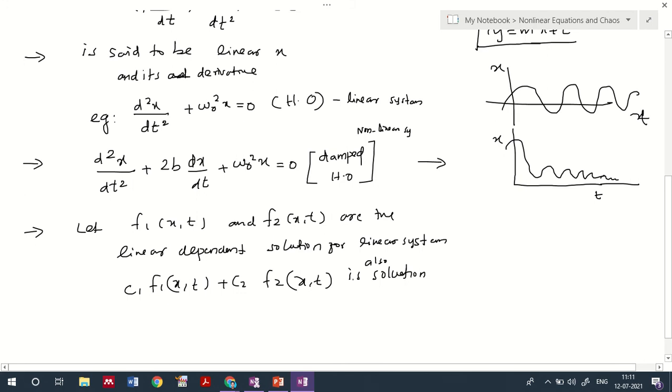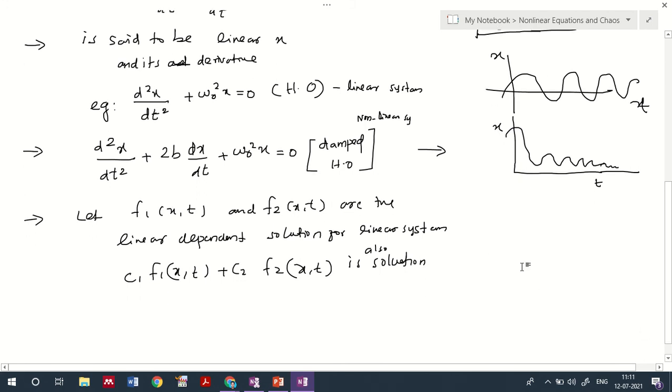So we have seen a linear system, and we have a nonlinear system here.